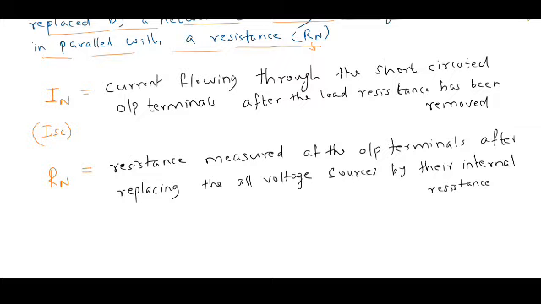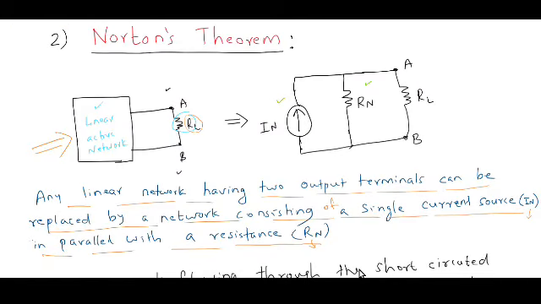Okay, now what will be the current flowing through this load resistance RL? That current is denoted by IL. According to Norton's theorem, this IL can be written as IN, the Norton current, times the Norton resistance, divided by the Norton resistance plus the load resistance.